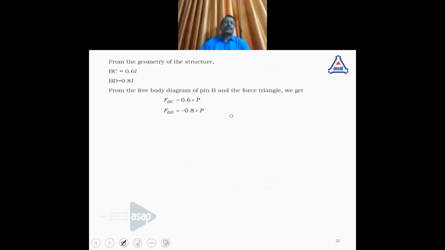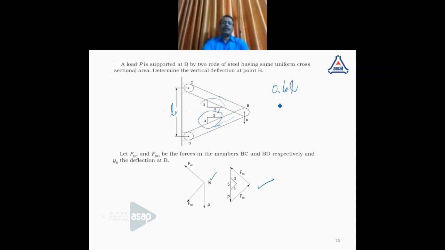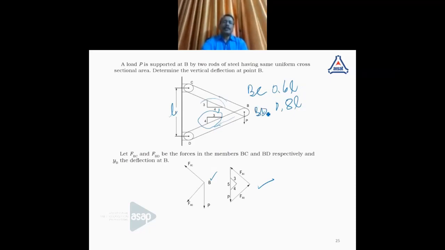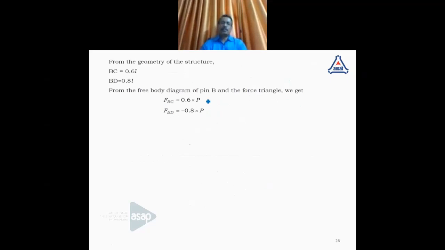From the free body diagram of pin B and the force triangle, we get FBC equal to 0.6 times P.